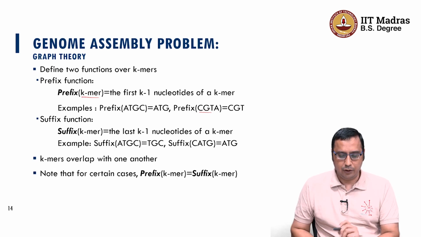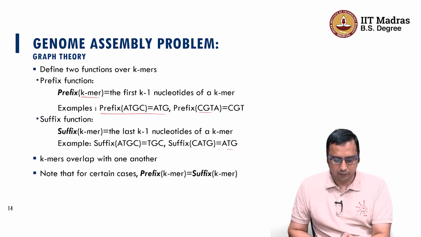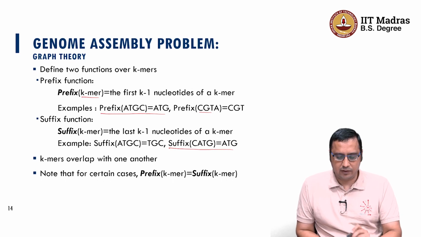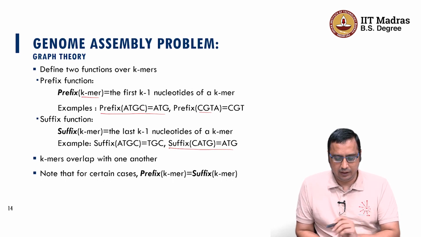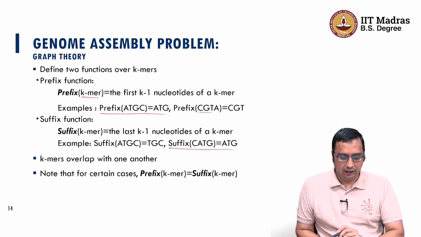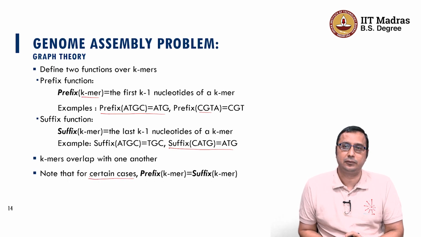For this particular example, the prefix of ATGC is equal to the suffix of CATG. Both are ATG. This is the case in certain situations when we are dealing with overlapping k-mers.